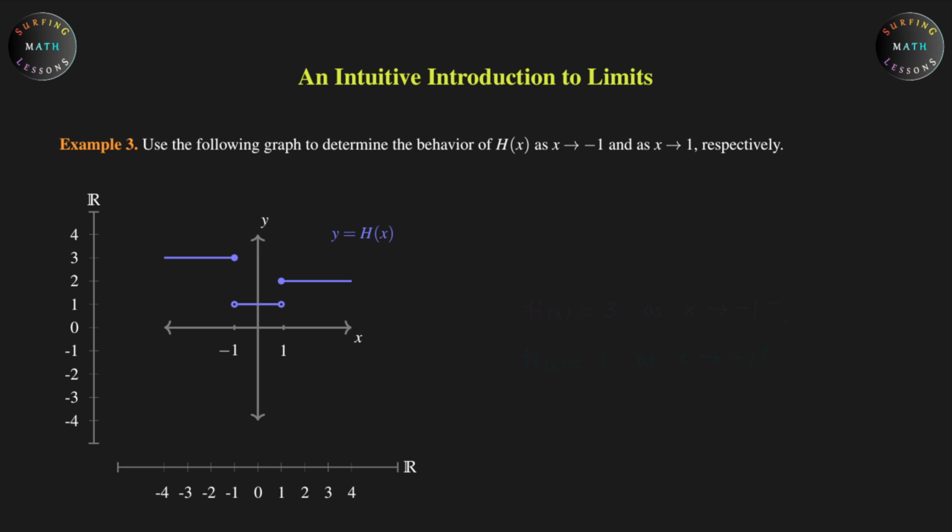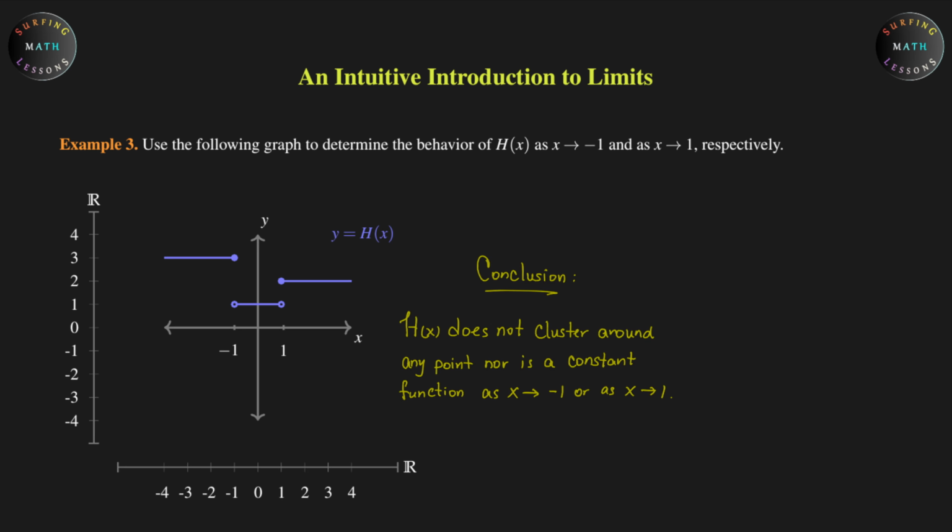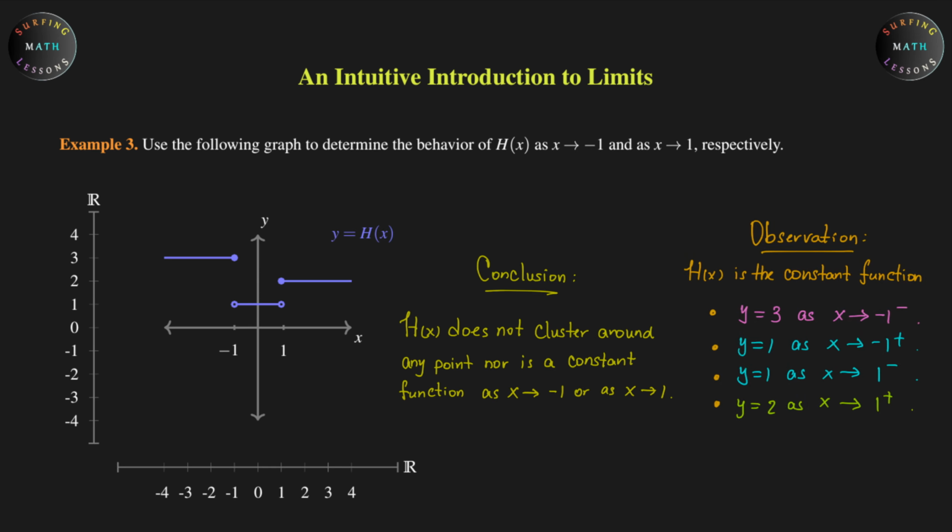We conclude that h of x does not cluster around any point or behave as a constant function during the process of x approaching minus 1 or x approaching 1. However, we remark that h of x is the constant function y equals 3 as x approaches minus 1 from the left.